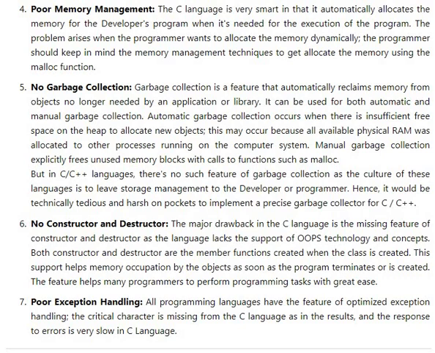So we have GC in Java. Garbage collection means automatically reclaiming the memory from the objects which are no longer needed by the application. So we don't use the terms constructor and destructor here.